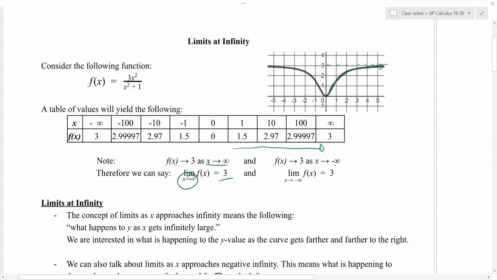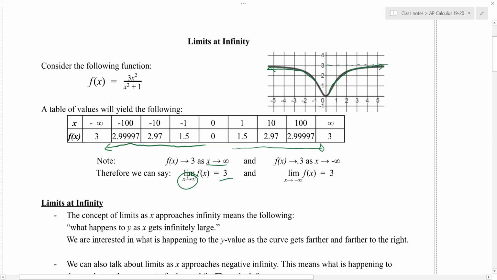And as x approaches negative infinity, we're looking at what's happening as x gets smaller and smaller. As we go towards negative infinity, we see that our values are also approaching 3. Likewise, we can see that on the graph. So the limit as x approaches negative infinity of f of x is 3, because that's what our y value is.